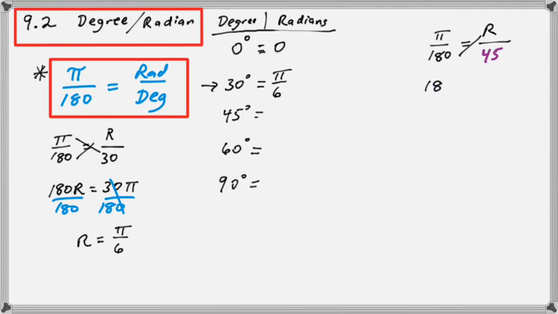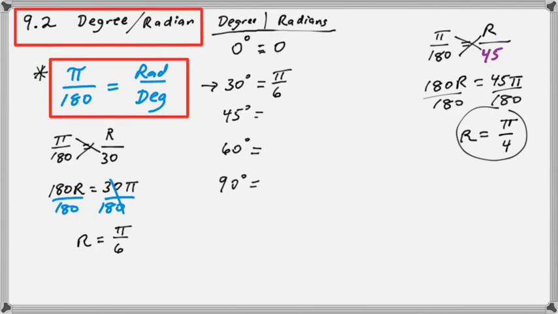Cross multiply. 180 times r equals 45 times pi. Divide by 180, divide by 180, and 45 goes into 180 4 times. So that means 45 degrees is equivalent to pi over 4 radians.